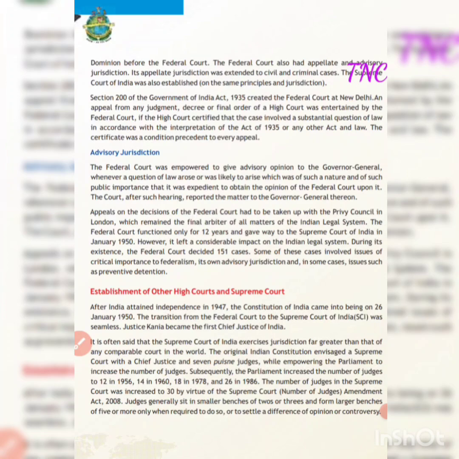An appeal from any judgment, decree or final order of a High Court was entertained by the Federal Court if the High Court certified that the case involved a substantial question of law in accordance with the interpretation of the Act of 1935 or any other act or law. The certificate was a condition precedent to every appeal.